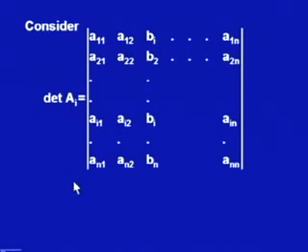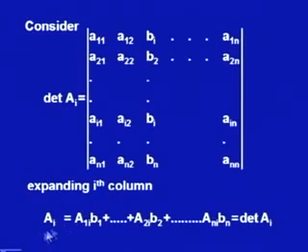To simplify this, if I expand this determinant along this column, then I know determinant Ai is equal to A1i multiplied by B1, plus A2i multiplied by B2, plus Aii multiplied by Bi, plus Ani multiplied by Bn.